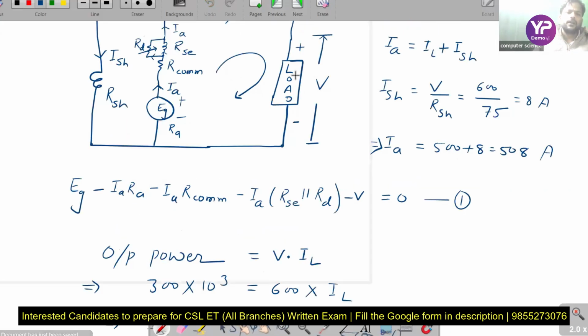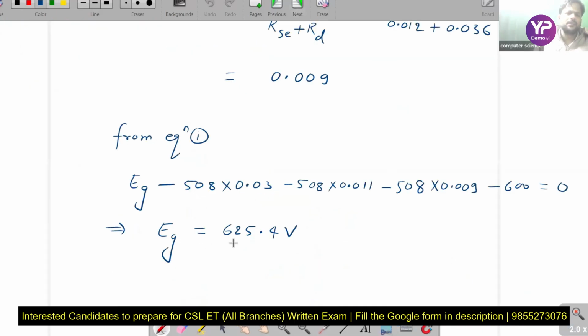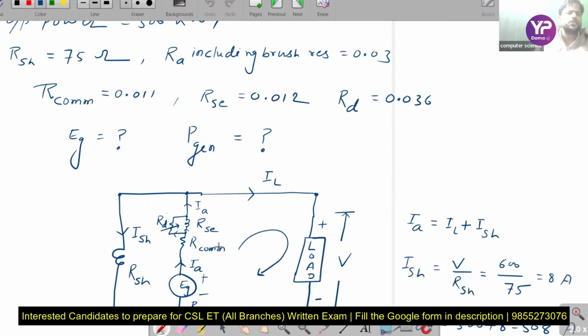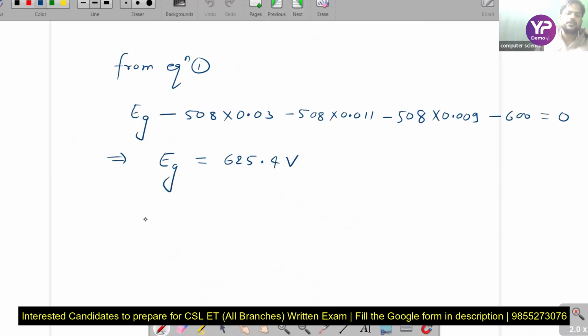Now we need to find, in this question, the generated EMF and power generated. First we find the generated EMF, which for this question is 625.4 volt. Now we need to find the generated power.